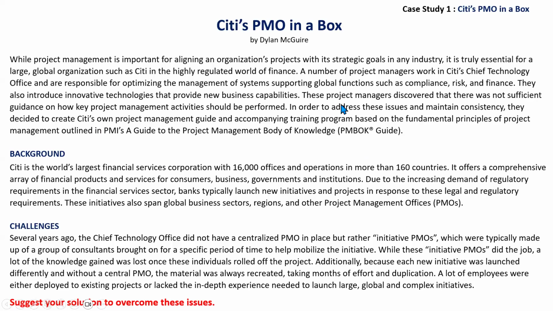These project managers discovered that there was not sufficient guidance on how key project management activities should be performed. So that is also there. Even though these activities are complex and these projects are very crucial, still they don't have that mechanism, as I said earlier. And there is no central point for them to get the guidance, right?